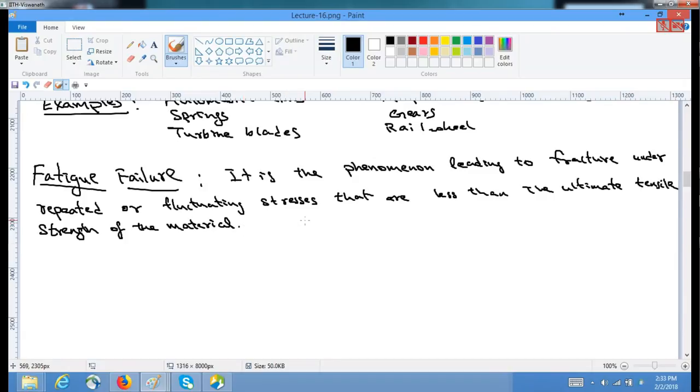First thing is the fatigue failure, which we have done. Then a little bit about this: fatigue failures are progressive in nature.